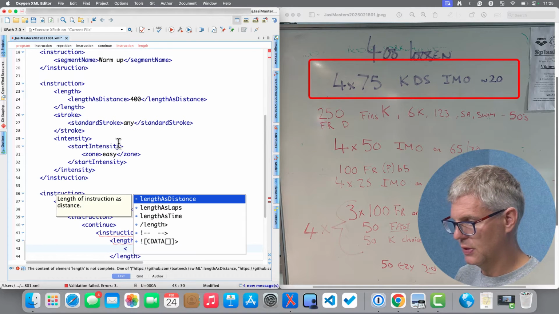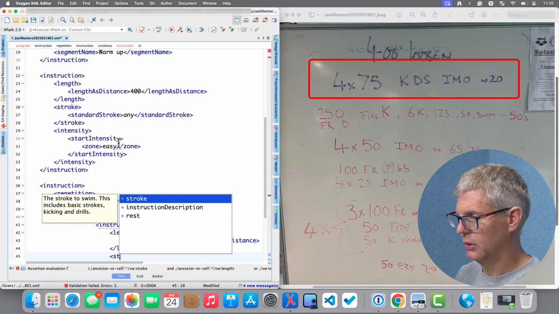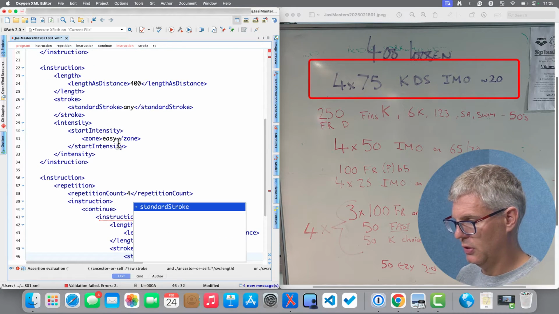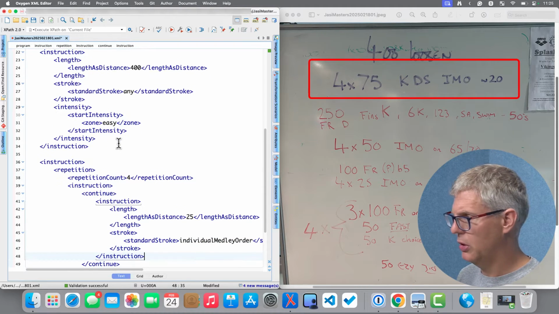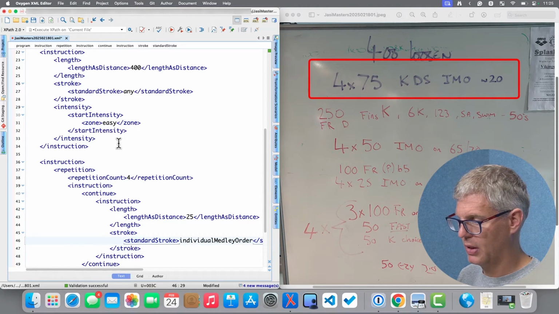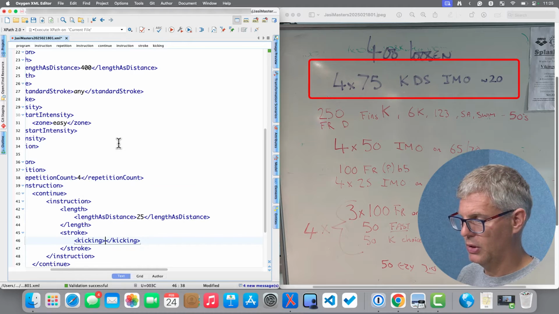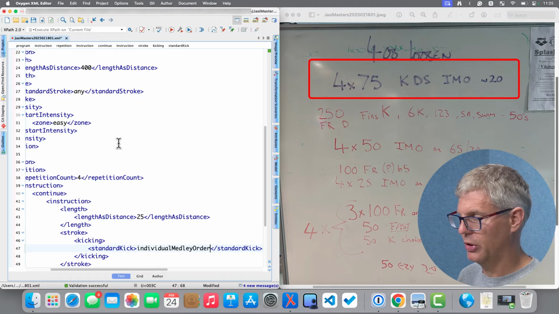And that consists of 25 meters standard stroke individual medley order. We start first with kicking. So kicking, standard kick, individual medley order.